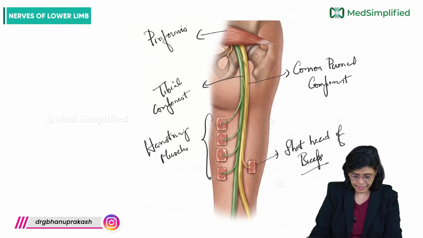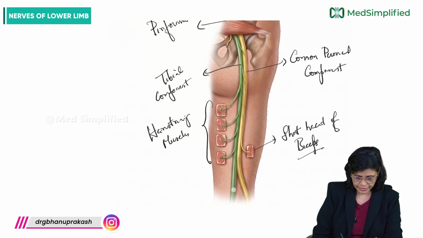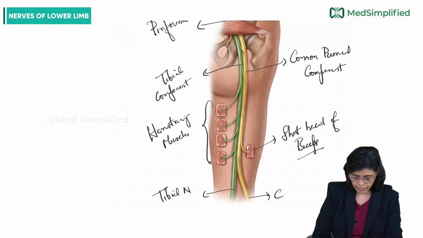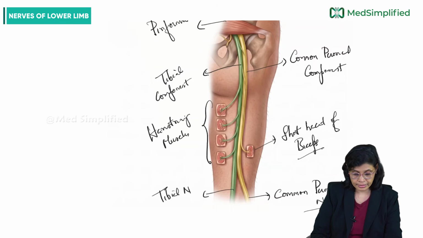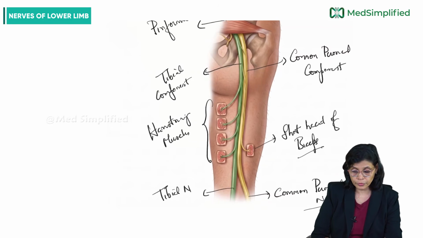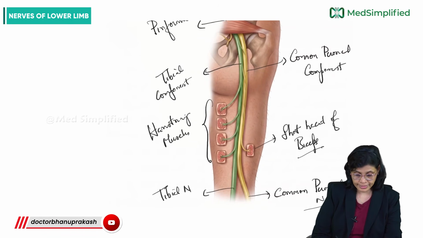And its divisions: this will be the tibial nerve, and this will be the common peroneal nerve. The tibial nerve basically supplies the muscles of the leg which flex the leg, as well as the muscles of the foot which plantar flex the foot.